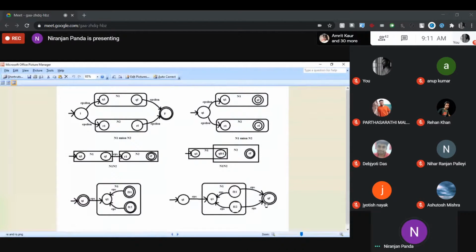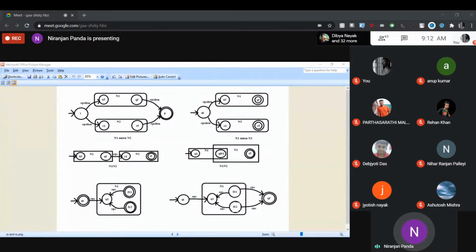And from this, we can conclude that finite automata are closed under various regular operations like union, concatenation, Kleene star, complement, reversal, set difference, homomorphism, and inverse homomorphism.